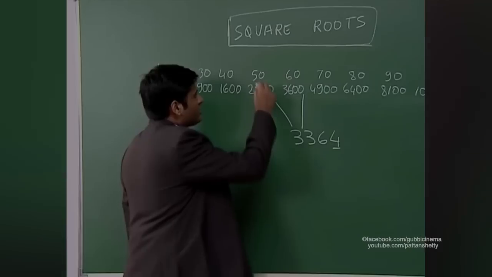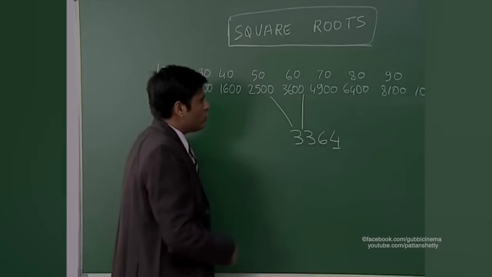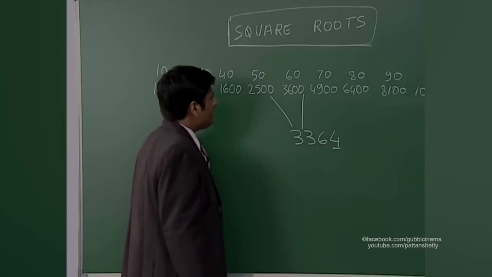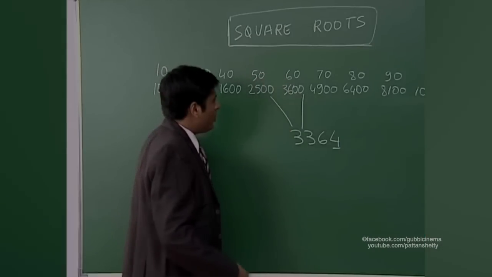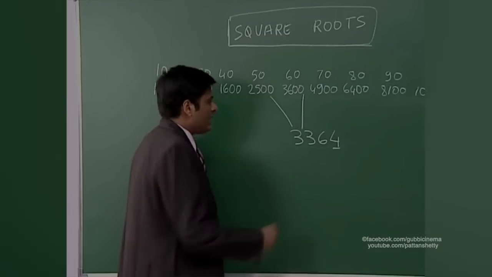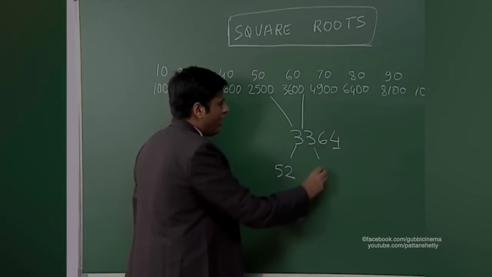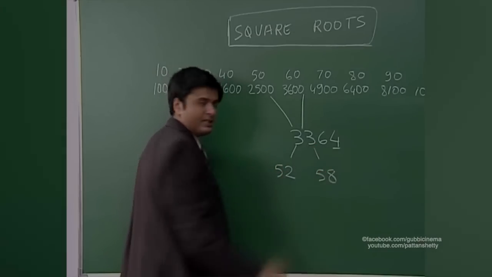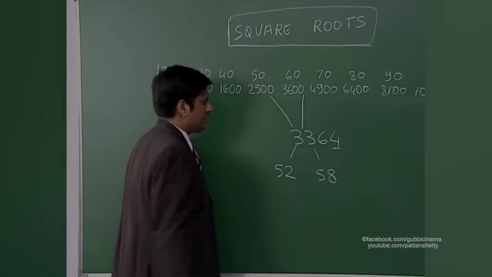So our answer is between 50 and 60 and ending with 2 or 8. Let us check numbers between 50 and 60 ending in 2 or 8. We know there are only two possibilities. Either our answer can be 52 or our answer can be 58. Let us check out of these two which is our correct answer.